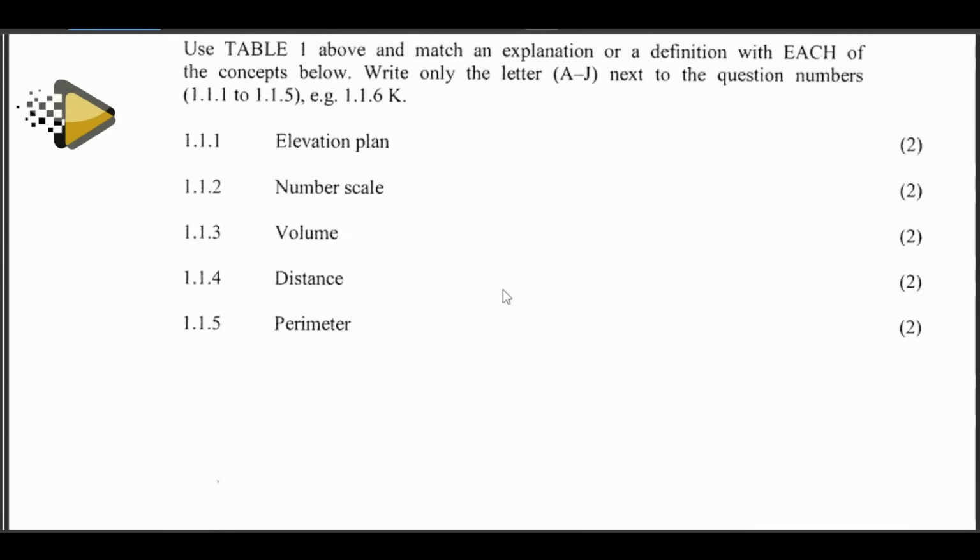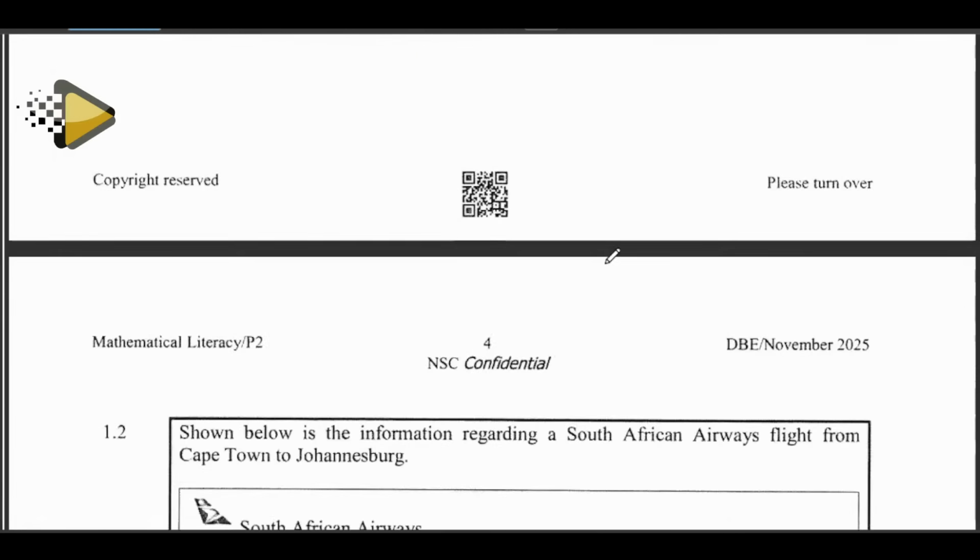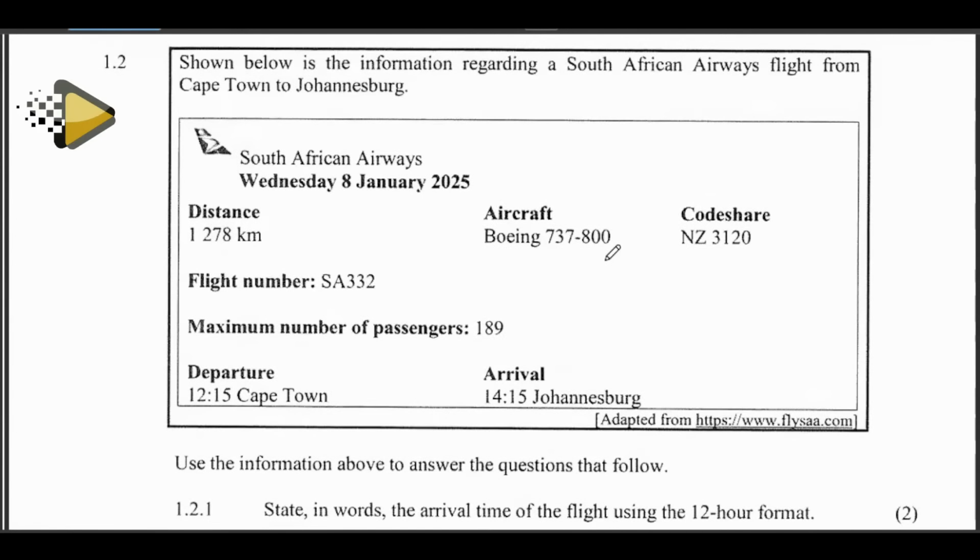This was supposed to be B. We have G, volume A, distance E, and perimeter we say this what? F. Okay, BGAEF. Okay. 1.2. Shown below is the information regarding a South African Airways flight from Cape Town to Johannesburg.